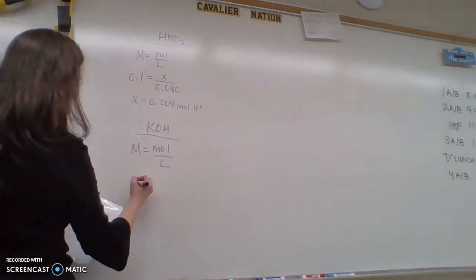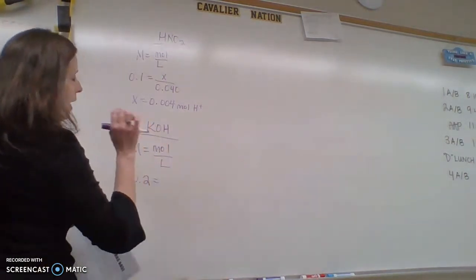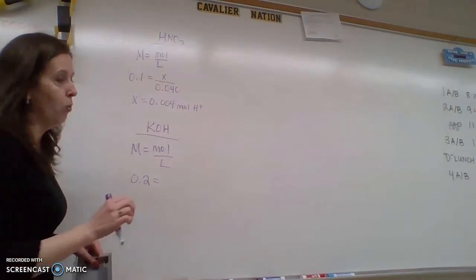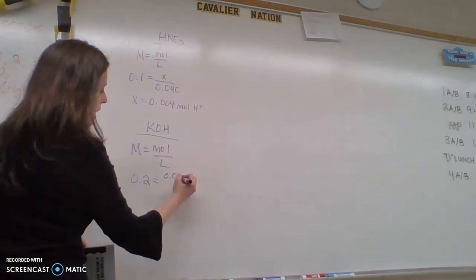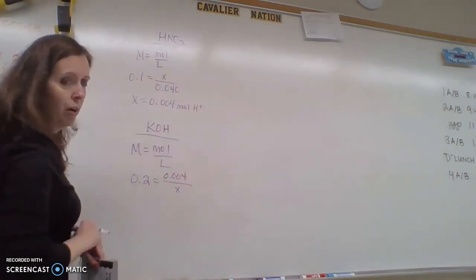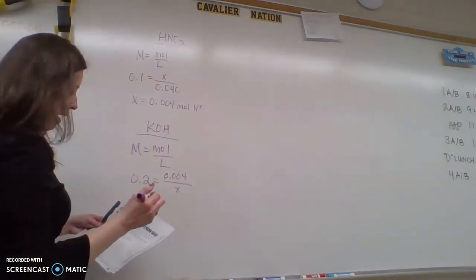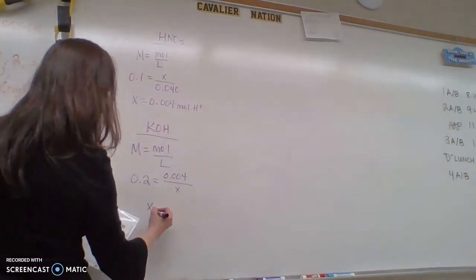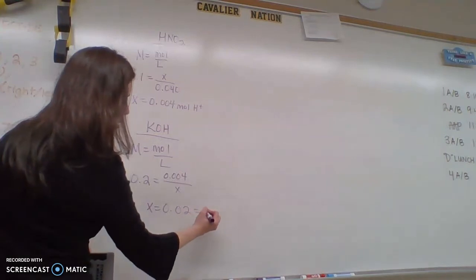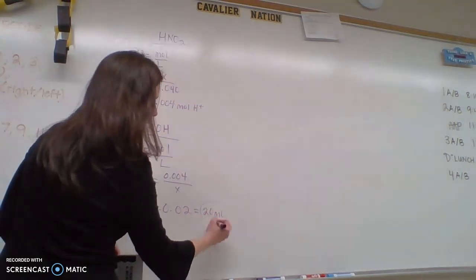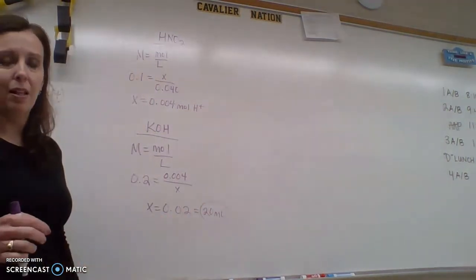In the problem, the molarity of the base was 0.2. If I'm at the equivalence point, the moles of hydrogen have to equal the moles of hydroxide. So that's where that number comes from. And I'm going to look to see how much of that base I have to add. When I solve for X, I get that number, which I multiply by 1,000, means I have added 20 milliliters of base.